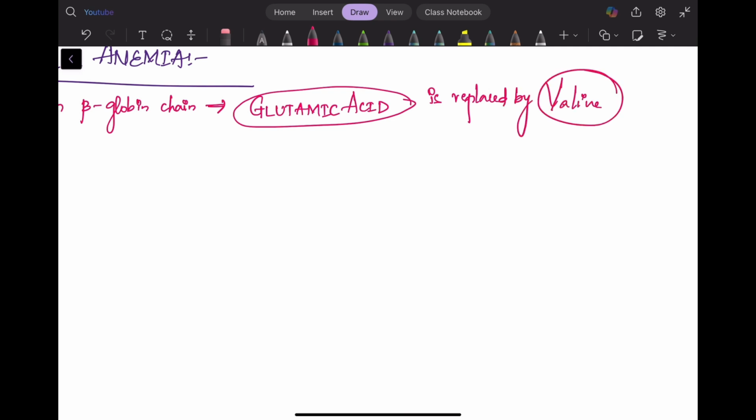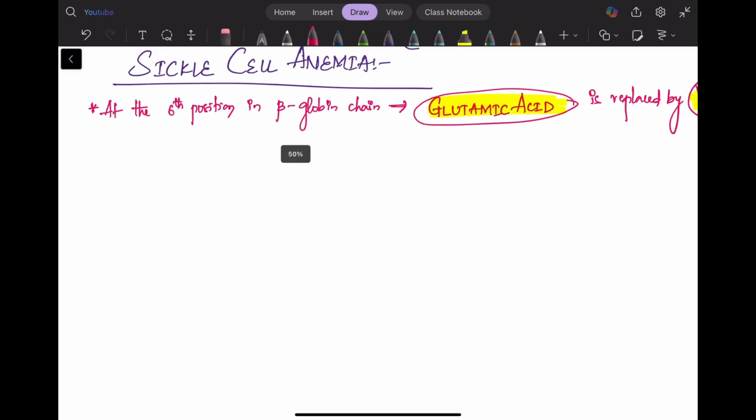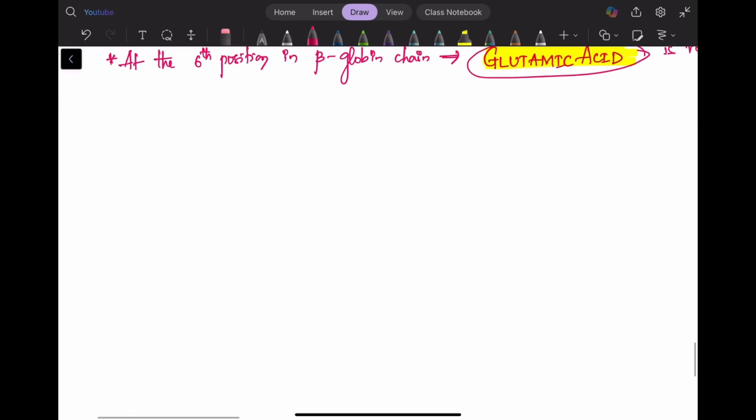Valine, right? What happens in the 6th position of the beta chain? Glutamic acid will be replaced by valine. Okay, don't get confused, this is a very important point. If you build wrong basics, then the whole building will collapse. Okay, we'll continue. What kind of change? It is a point mutation, right?